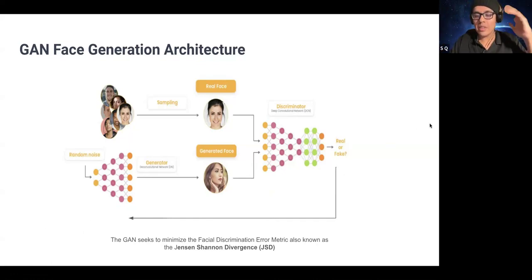So just think of it as a number, called the JSD, and it's a metric that is basically talking about how close you are. If you're familiar with neural network architectures and loss functions, you'll understand that this is essentially the error metric that you're trying to minimize between the two things.